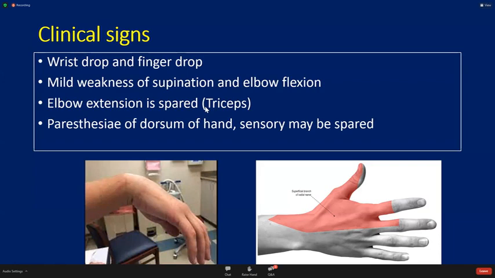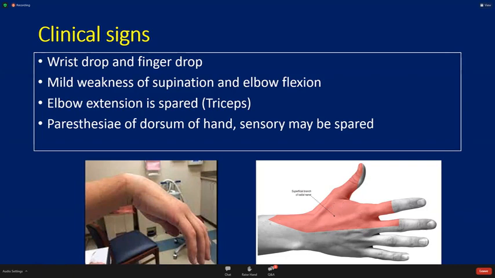You can specifically test brachioradialis and see that it is weak. Triceps is spared because its branch is given off prior to the entry into the spiral groove. And sensory symptoms are in the autonomous sensory zone.